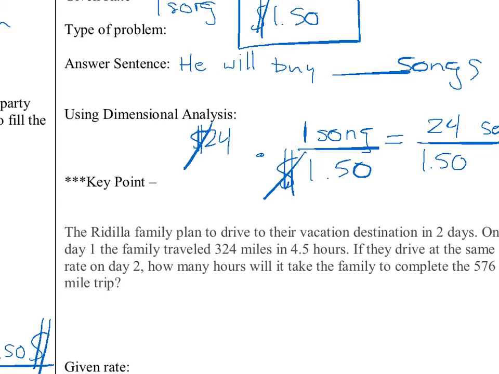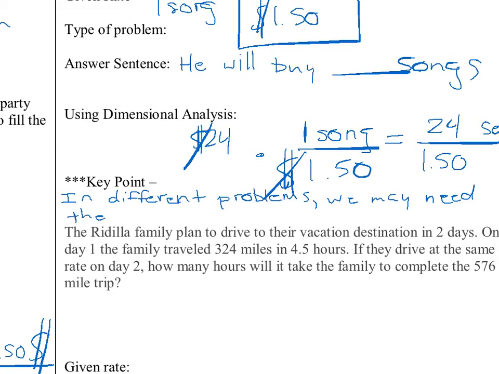So our key point here is that the reason why we're writing the rate both ways is because in different problems, we may need the rate different ways.